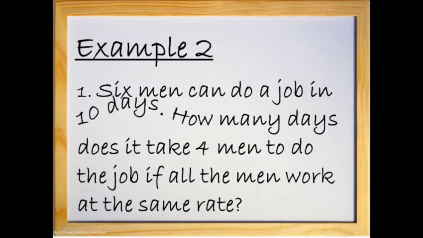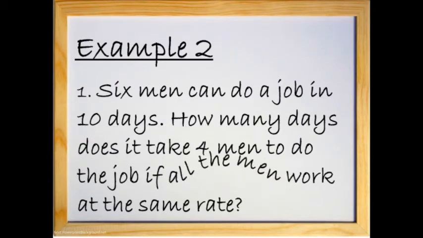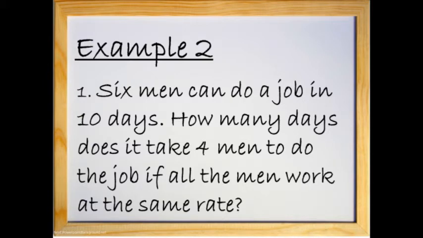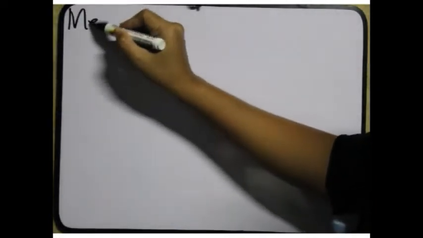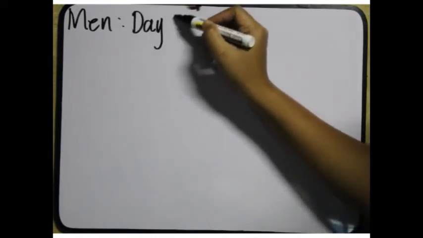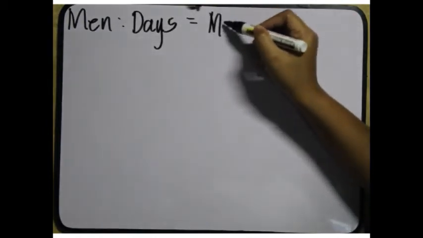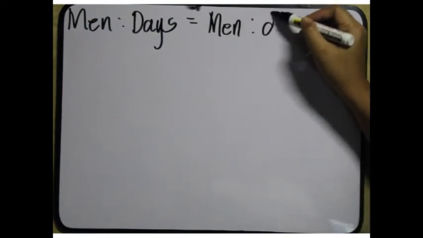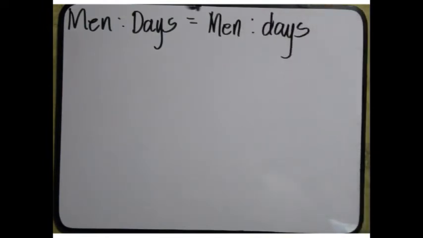Next problem for inverse proportion. 6 men can do a job in 10 days. How many days does it take for 4 men to do the job if all the men work at the same rate? Okay, for our problem in inverse proportion, we have the ratio of men is to days is equal to men is to days.